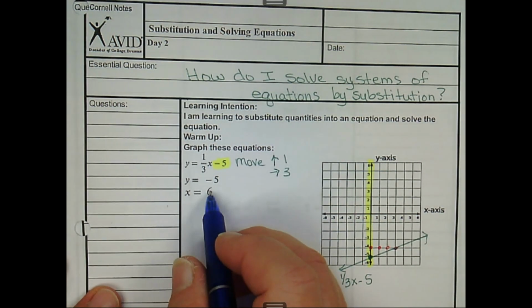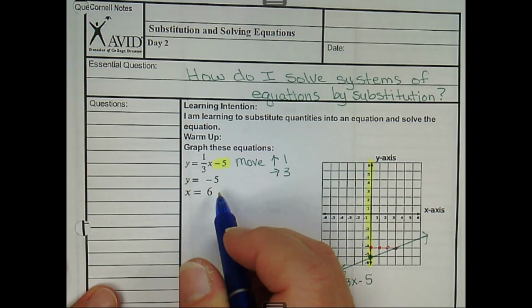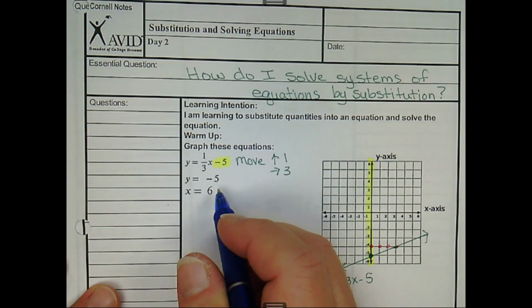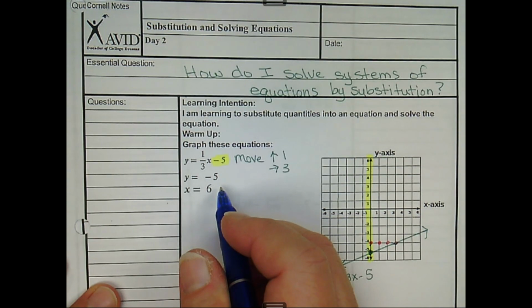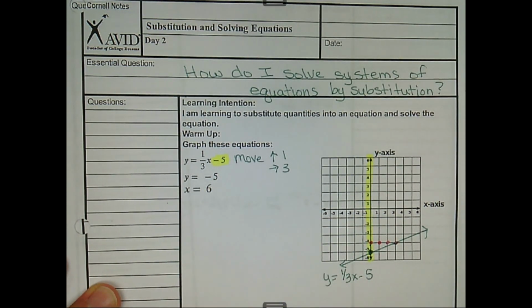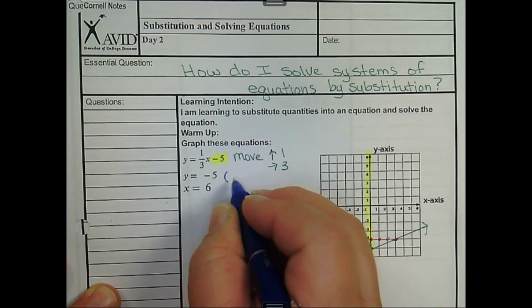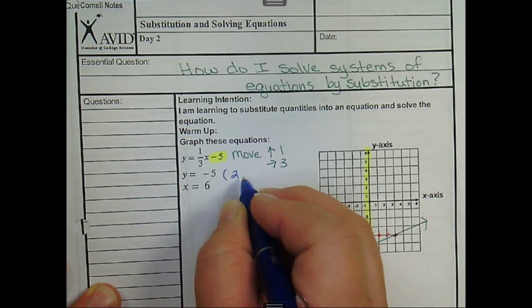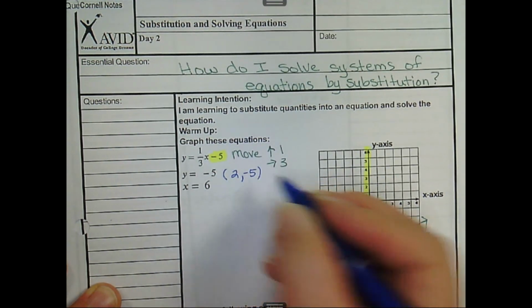Y is equal to -5. Is it going to be vertical or is it going to be horizontal? That's your question. So I'm going to look at 2 points. All I know about any of the points is that my y value must be -5. I can pick any x value. 2, -5 will work.